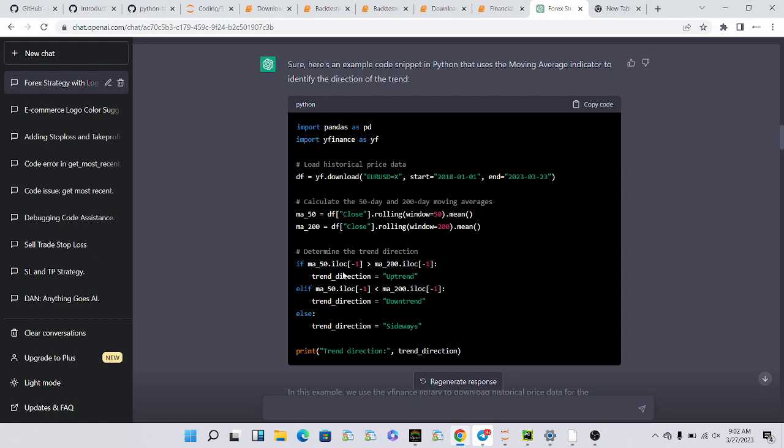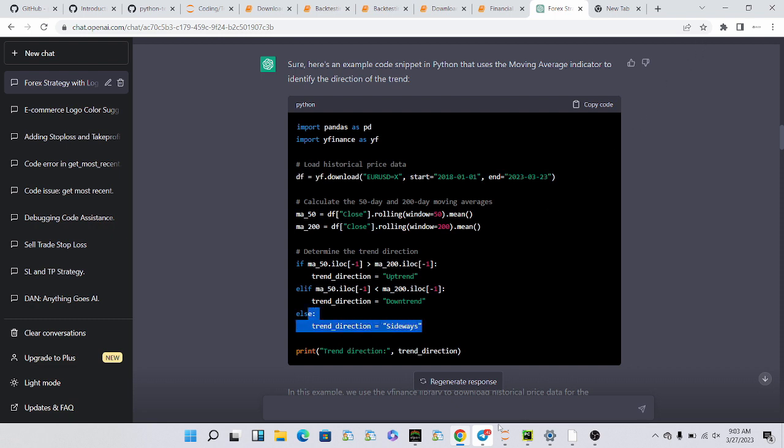So if the 50 moving average is above the 200 moving average, the trend direction is an uptrend. And else, if the 50 moving average is below the 200 moving average, the trend direction is a downtrend. And also, if the 50 moving average is equal to the 200 moving average, the trend direction is sideways.